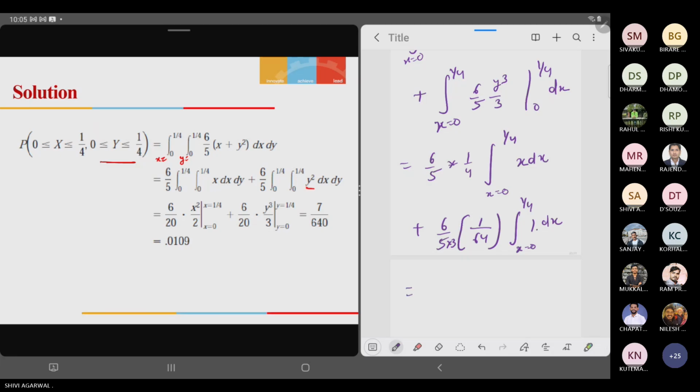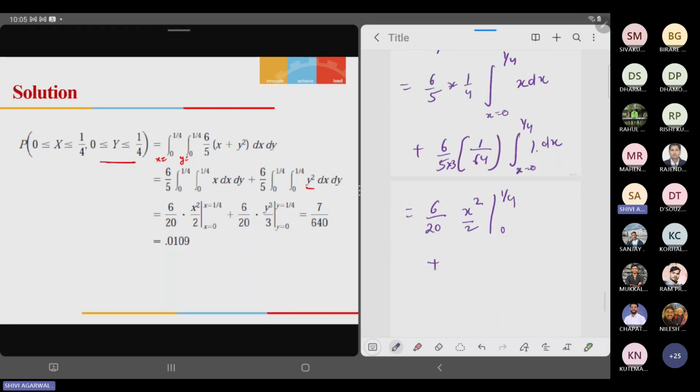Now it will become like this: the integral of x squared by 2, from 0 to 1/4, plus the integral of 1, which means x, from 0 to 1/4.